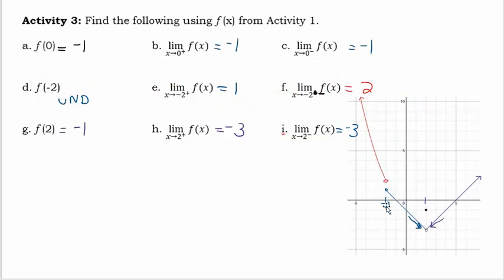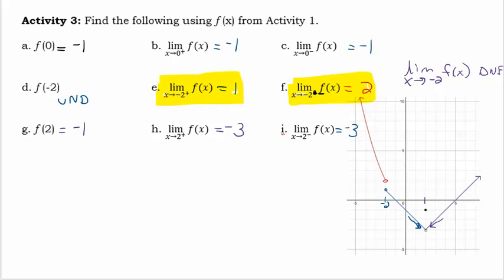Well, hopefully you're saying -2, right? So the limit as x approaches -2 from the right is 1. And the limit as x approaches -2 from the left is 2. And those are not the same value.